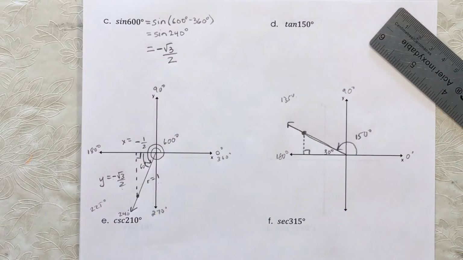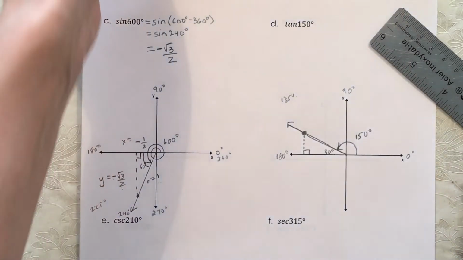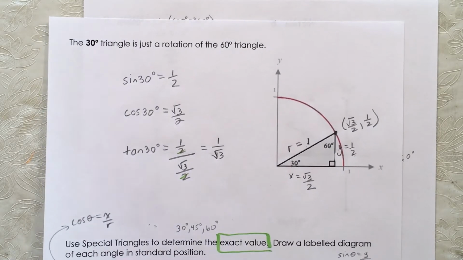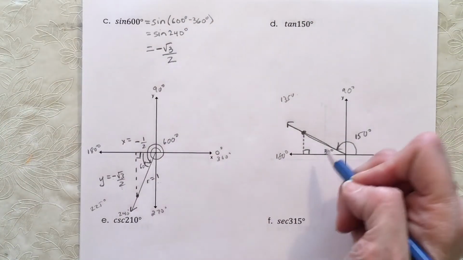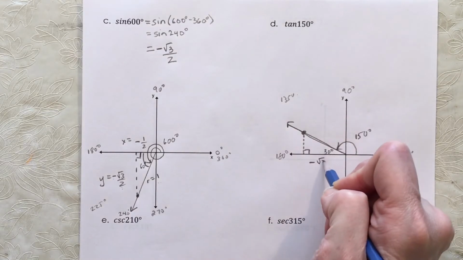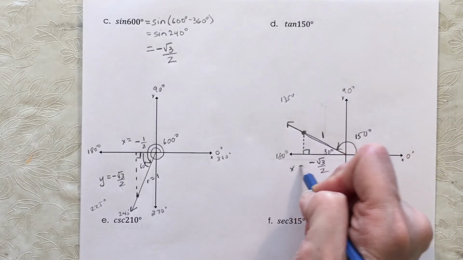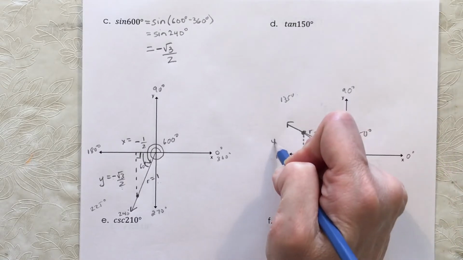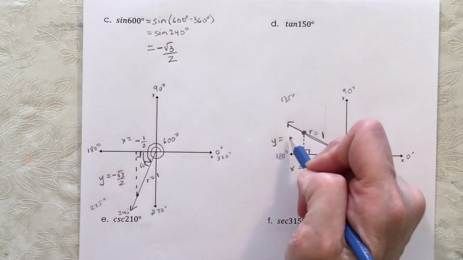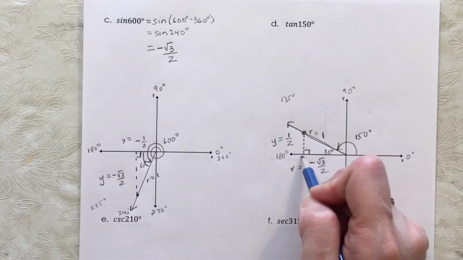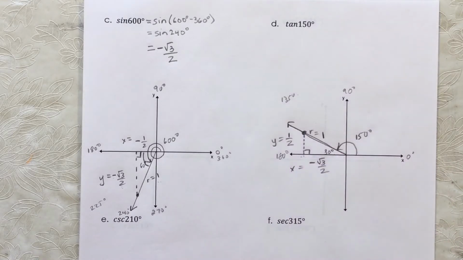So it's related to my 30-degree right angle triangle, which you can see for my 30-degree, the x is either going to be positive or negative root 3 over 2. So in quadrant 2, it makes sense for it to be negative root 3 over 2. The r is going to be 1. And the y value for the 30-degree is either a half or negative a half, depending on the quadrant. In quadrant 2, it makes sense for it to be positive a half. So you go left, so negative root 3 over 2, up 1/2 to get to this point here.